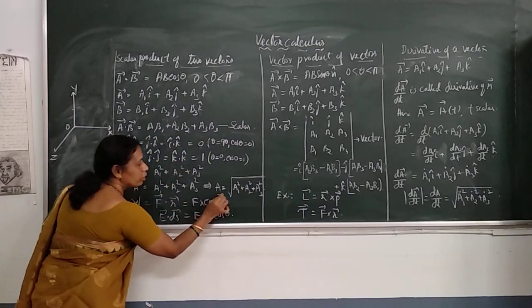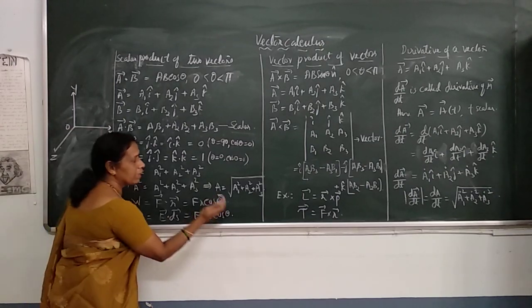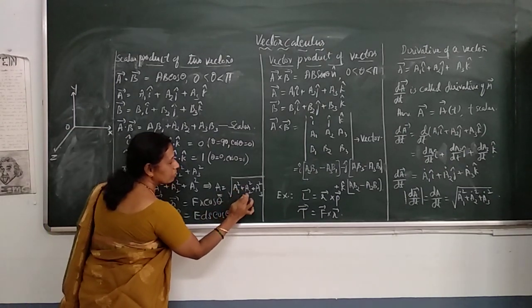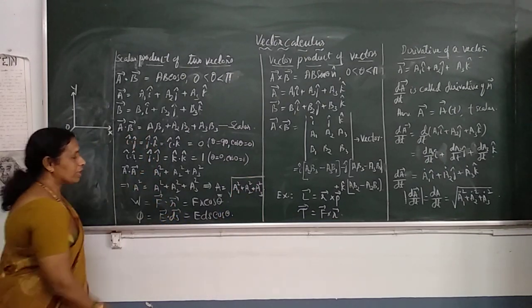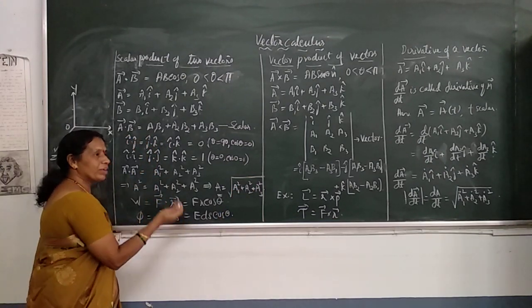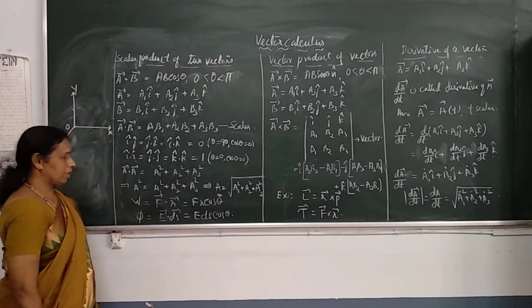This is the magnitude of the vector a. What about the magnitude of b? It will be root of b1 square plus b2 square plus b3 square. This is how you can find the magnitude of any vector in general using this expression.